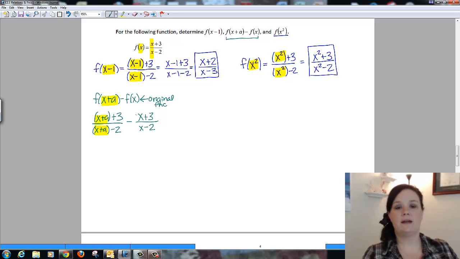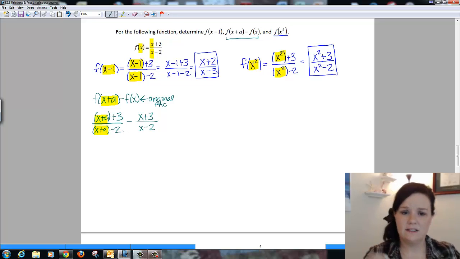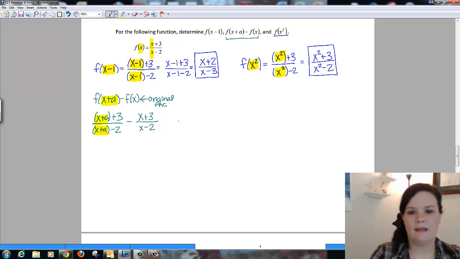Now, I want to go ahead and simplify this. I don't really need the parentheses on the first term because nothing's happening outside that x plus a. So I'm going to go ahead and drop that, which gives me x plus a plus 3 all over x plus a minus 2 minus x plus 3 over x minus 2.